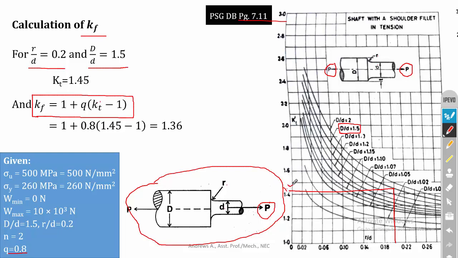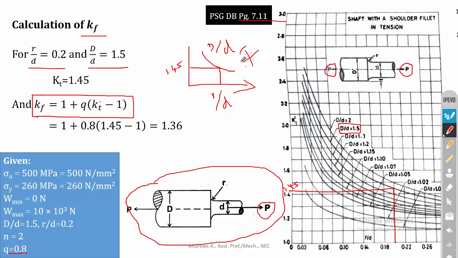So I have taken it as 1.45. Okay. So the y-axis is Kt. So Kt value is 1.45. You can draw a plot like this. So this is x-axis and it is r by d. Then here it is D by d. So from r by d 0.2, if you draw a straight line to D by d 1.5, then the Kt will be 1.45. So this graph is essential.